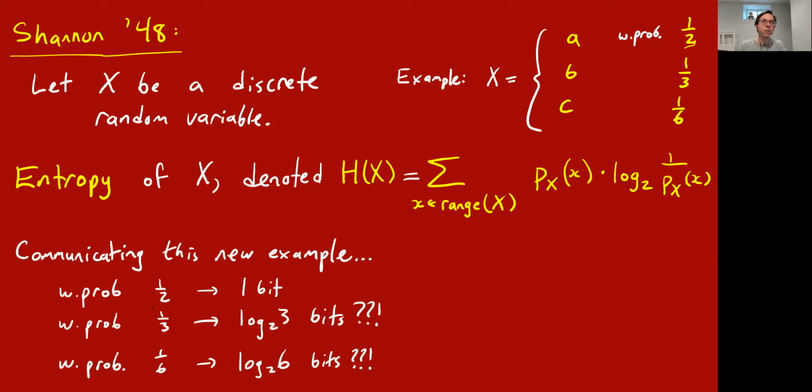With probability 1/2, you can communicate or store 1 bit. But then with probability 1/3, you would want to send or store log base 2 of 3 bits according to the formula. And that doesn't really make sense because that's not an integer.